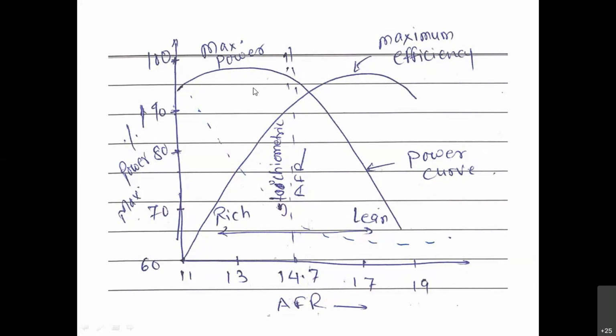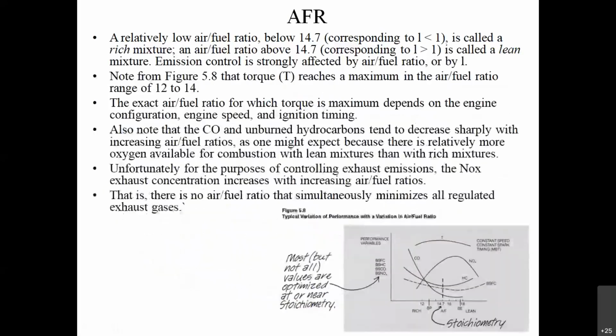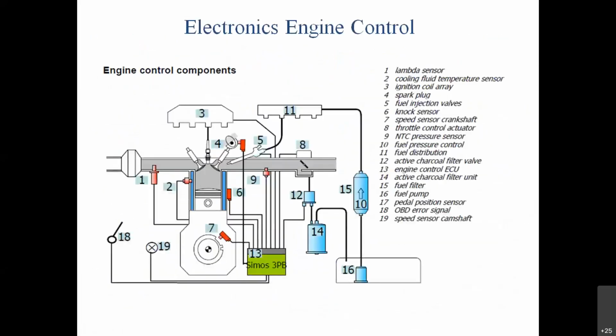Wherever the engine is working on high load, obviously we need to provide more fuel as compared to a lesser load engine, or in the cruise control side, which runs on the lean mixture. So this is how your air fuel mixture is affecting the working of the engine.